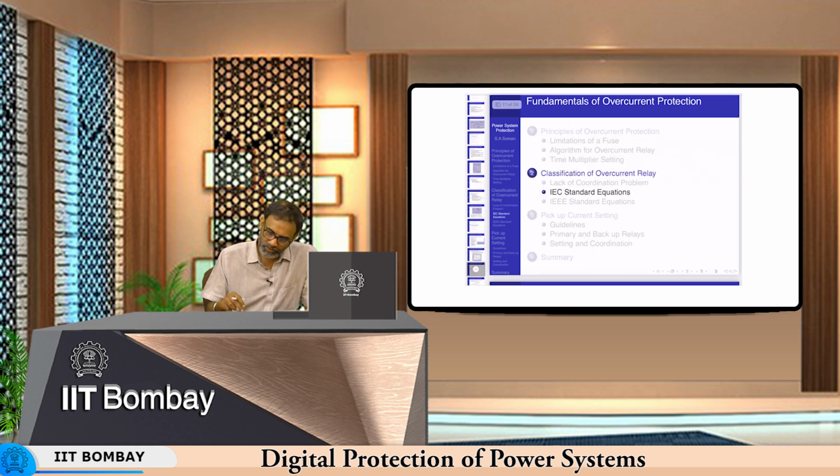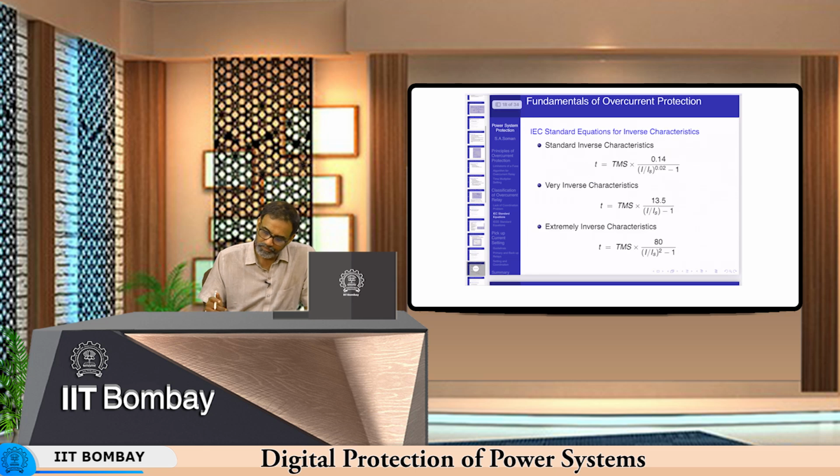Okay. So, now what are the equations governing these? Here you can see that T is the operating time, TMS is the time multiplier setting, I by IS is the PSM, I is the measured current, and IS is the set current or the reference current, and these are some constants.